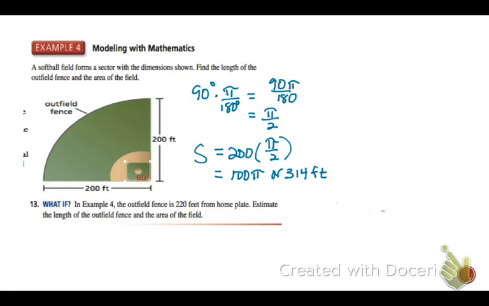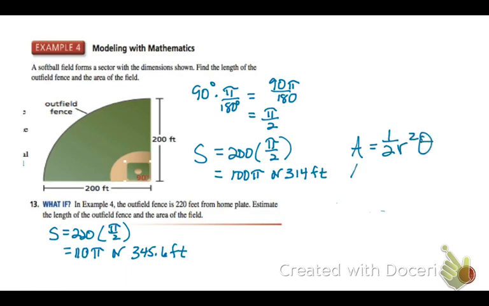Now part 13 says, what if the fence is actually 220 feet? Very similar problem, except we'll have 220 for our radius. And so 110 pi, or about 345.6 feet. Now to find the area, we'll have 1/2 times that radius squared times the angle in radians.